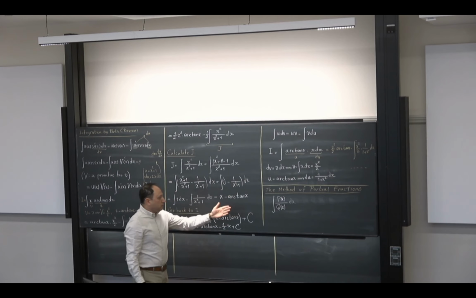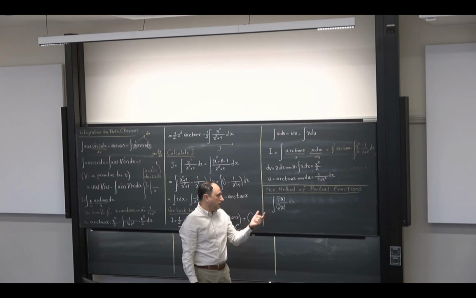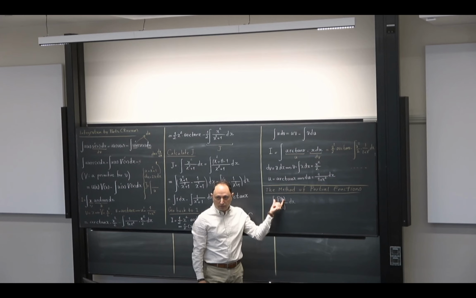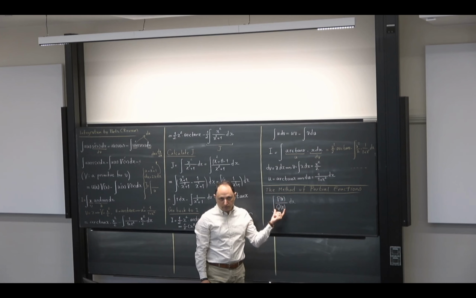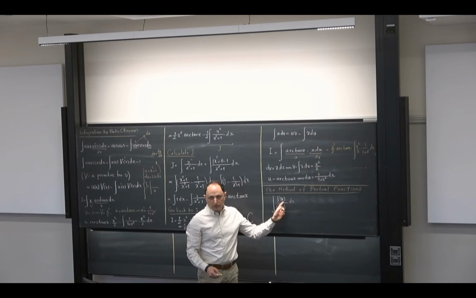If you want to do this, we have to know about the degrees. We consider two different cases. One case is that the degree of the numerator is strictly smaller than the degree of the denominator. And another case is that the degree of the numerator is either equal to this degree or greater.